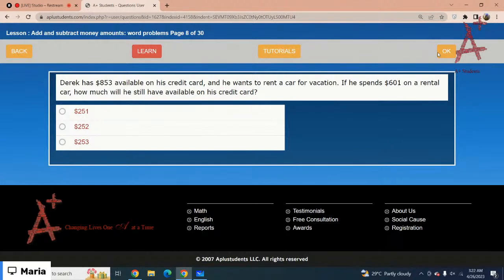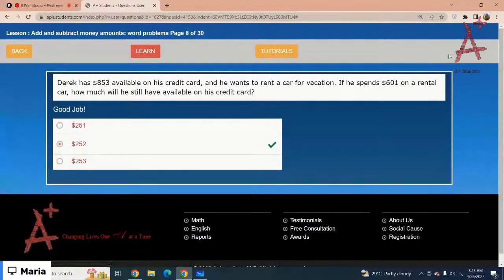So which is the correct option? 853 minus 601 is, yes, very good. You are left with $252. Got it. In the card.